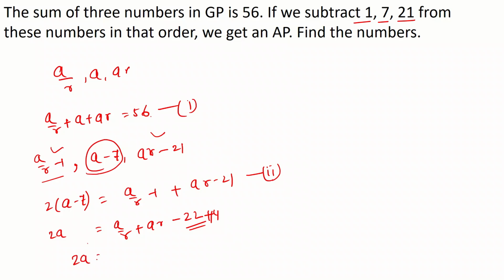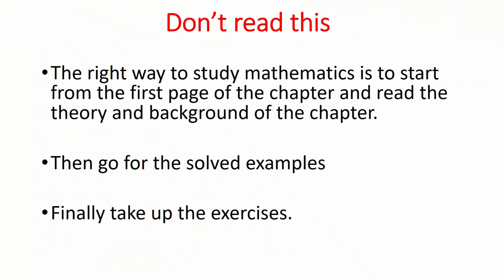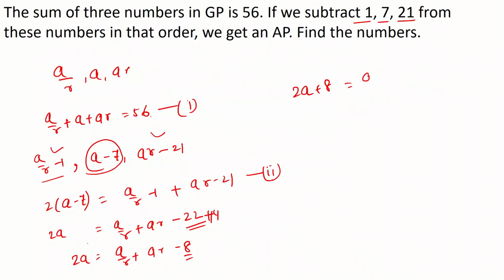So 2a is equal to a by r plus ar minus 8. Alright. Okay, so how do we eliminate any one? What we can do is take minus 8 on the other side. So what we have, 2a plus 8 is equal to a by r plus ar.